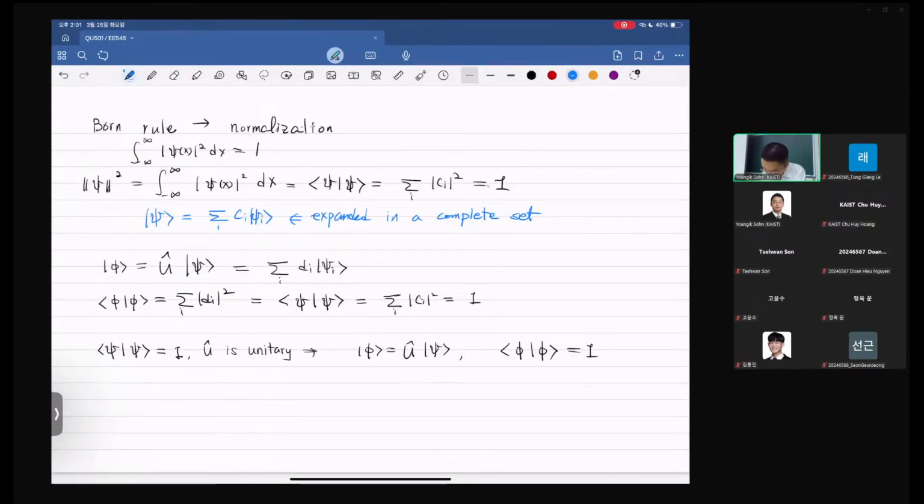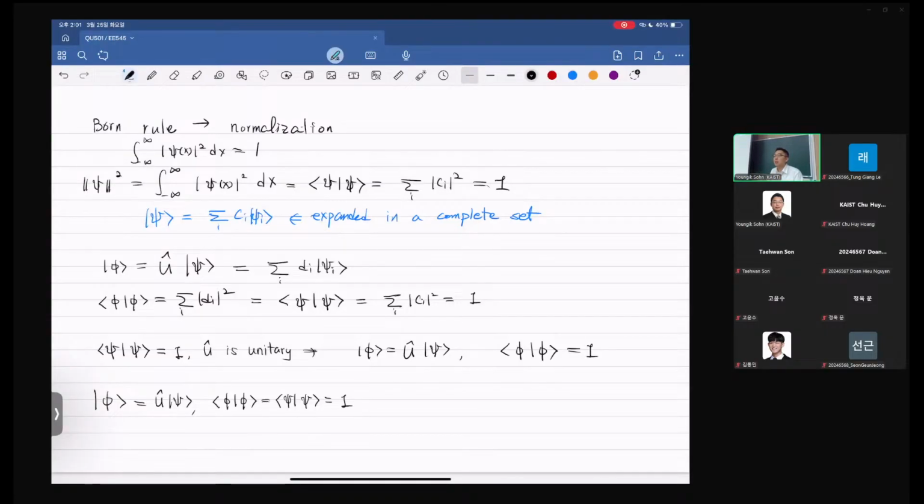And then, so I will use another logic. Let's say quantum state phi is a result of a transformation U, and their lengths are both one. I'm following the logic in a reverse way, so the arrow direction is reversed. I'm not assuming what U is.